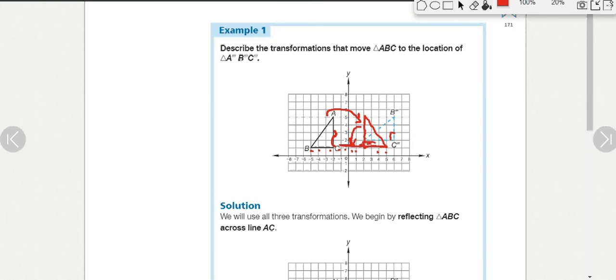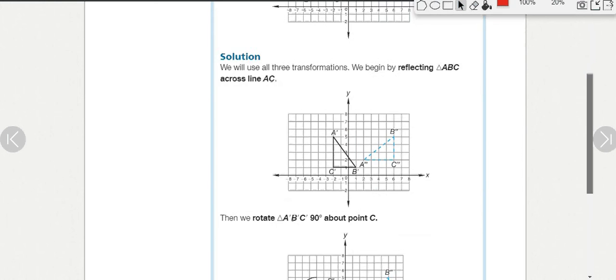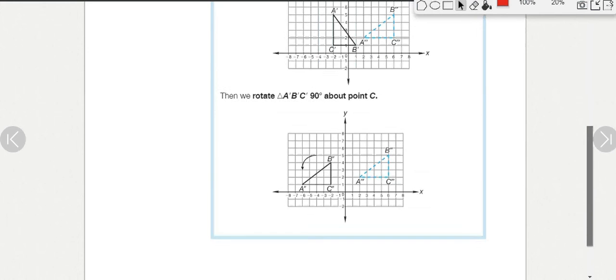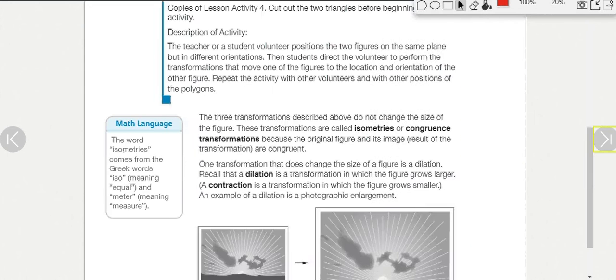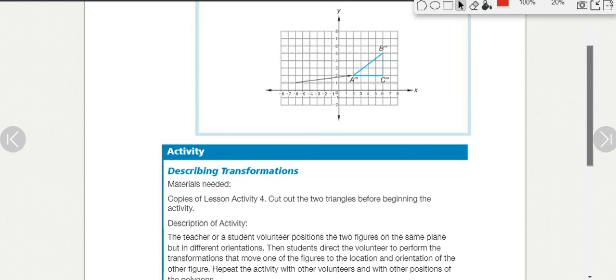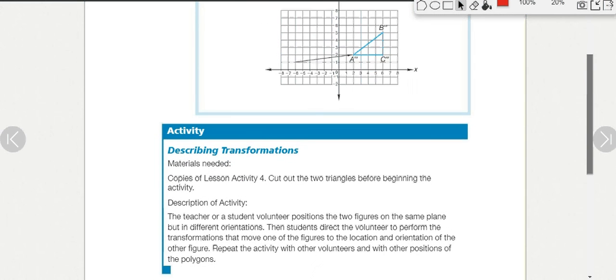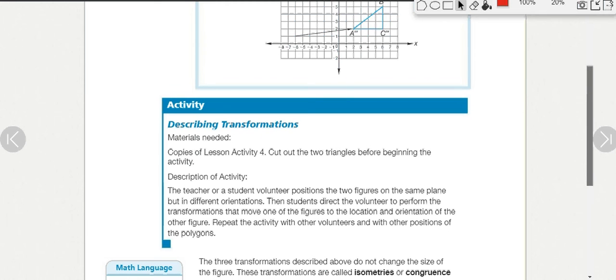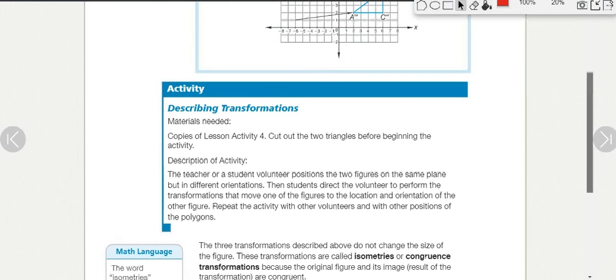Then they translated it up into the right, a unit, I'd say. So it looks like right away in example 1, they gave us every transformation, and here they are drawn out a little bit better. Looks like they had to translate 8 units to the right. So translation works better later on.